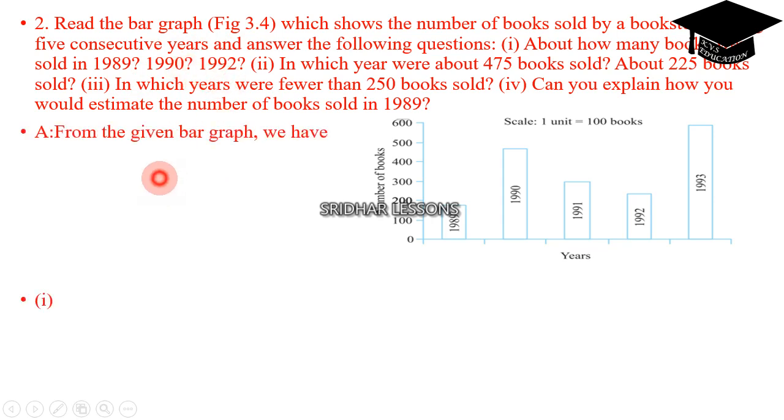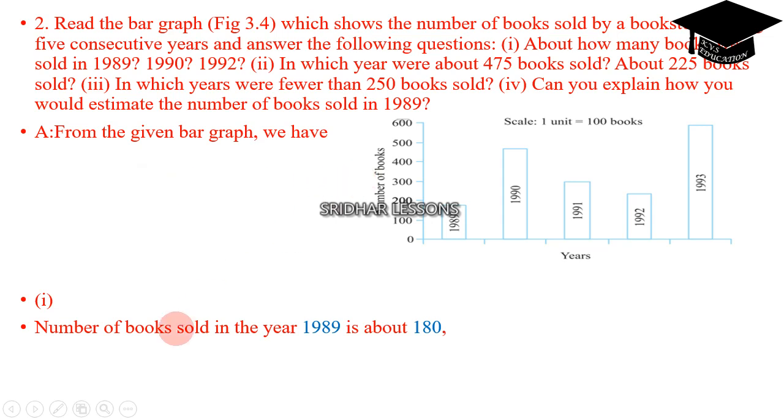From the bar graph, the number of books sold in 1989 is about 180, and in 1990 it is about 490, and in 1992 it is about 295.